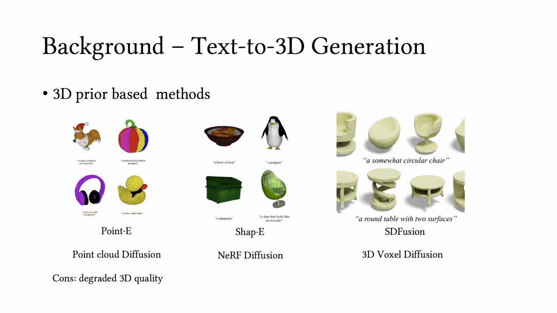On the other hand, we have 3D prior-based methods such as Point-E, S-Diffusion, Shap-E, and others that incorporate point cloud diffusion, 3D voxel diffusion, and NeRF diffusion. While these methods bring us closer to realistic 3D generation, they still suffer from degraded 3D quality due to the limited quality of available 3D datasets.